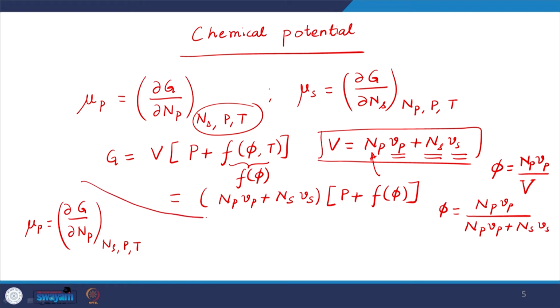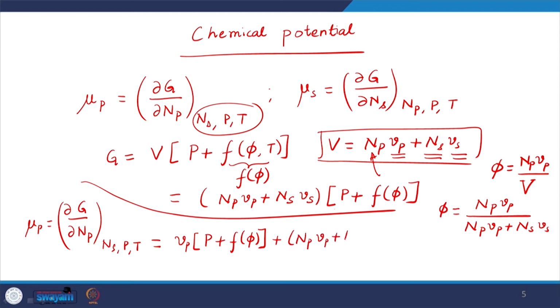So, now this quantity is going to be equal to, first of all we take derivative of the first term, that will give me V_p multiplied with second term will come as it is, and then I will take the derivative of the second term. So, pressure is being held fixed, but we have f prime phi ∂phi/∂N_p.